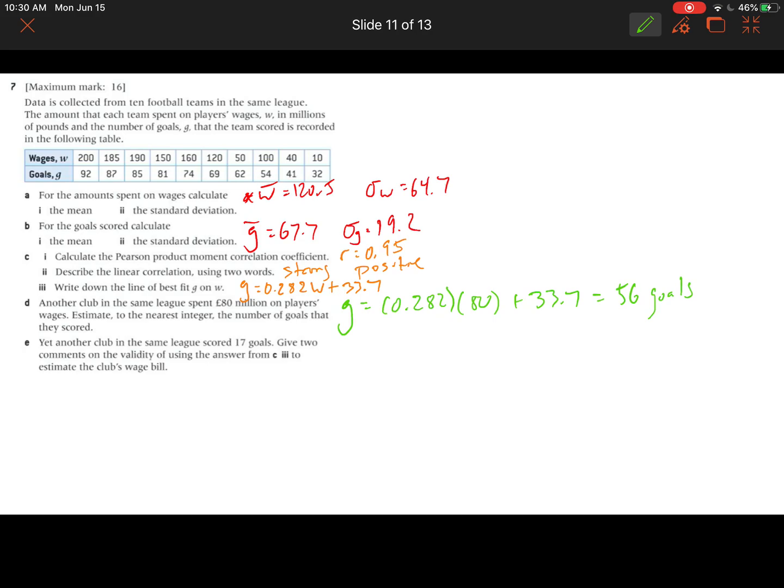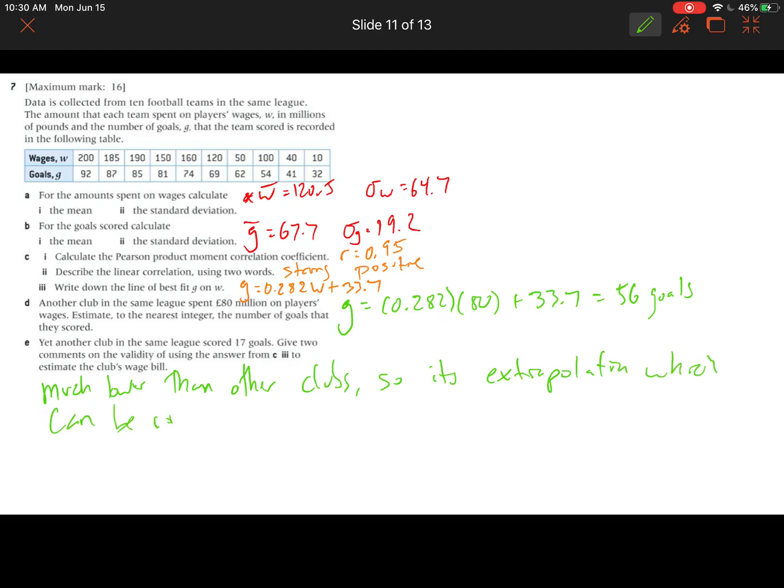Give 2 comments. Okay. Well, that's much lower than other clubs. So it's extrapolation, which can be risky.